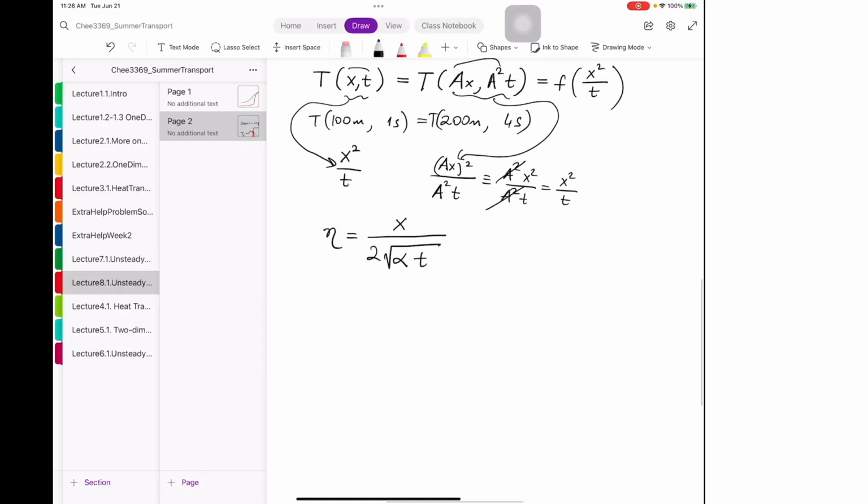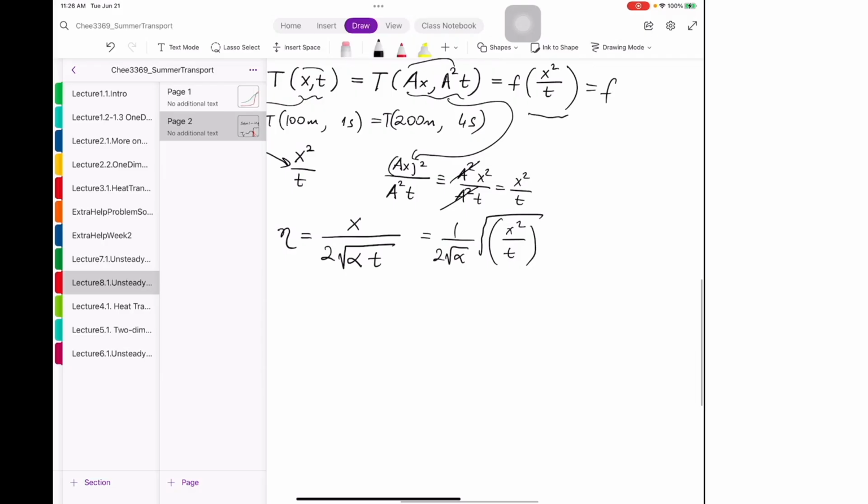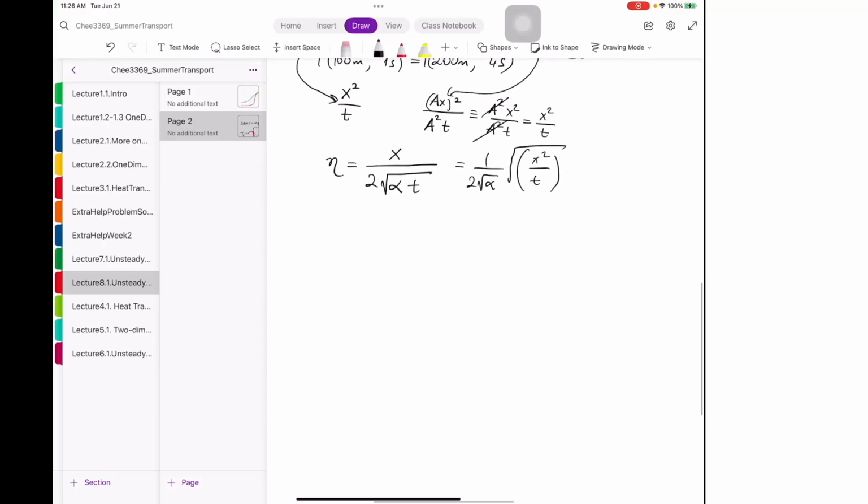So this is basically some constant times the square root of x squared over t. And I say that if the temperature is a function of x squared over t, it must also be a function of eta, because eta is a function of x squared over t.